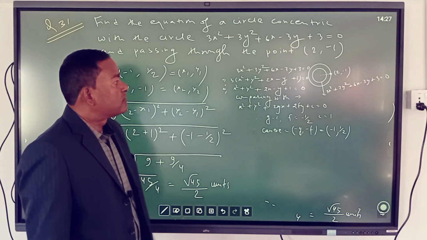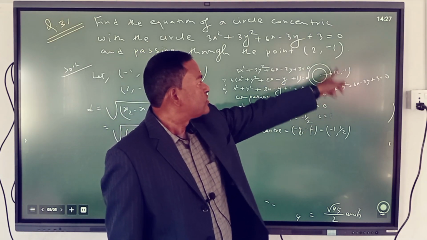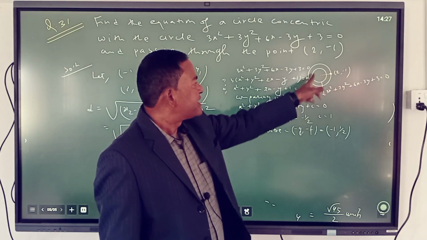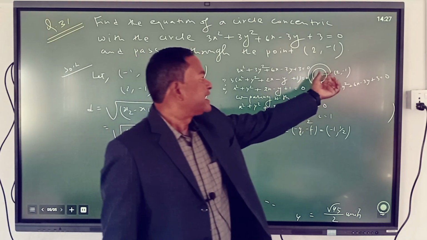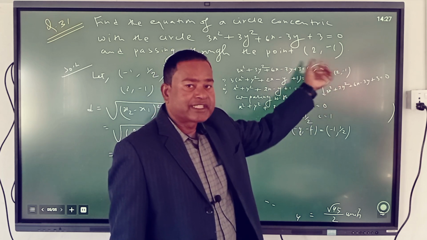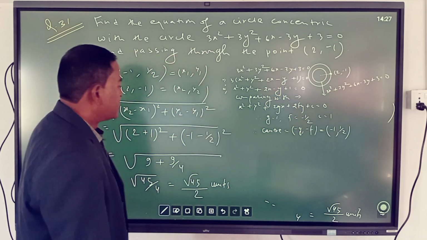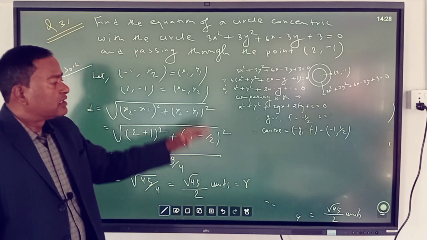So dear students, now in order to find the equation of circle passing through the point 2, minus 1 and concentric with the given circle, we have found the radius of the second circle, or we can say the radius of the outer circle. Therefore radius is equal to root 45 by 2, which is the radius of the circle.